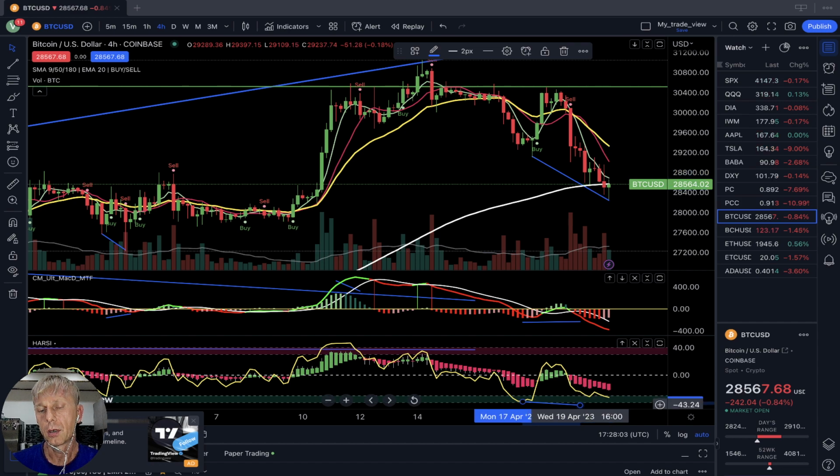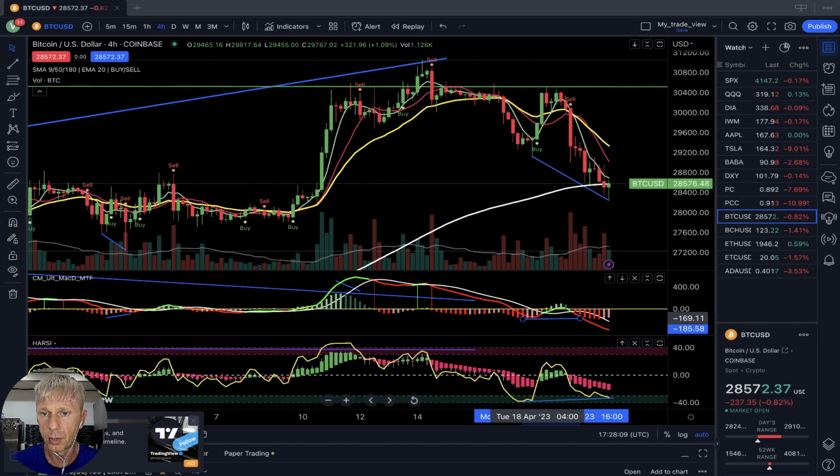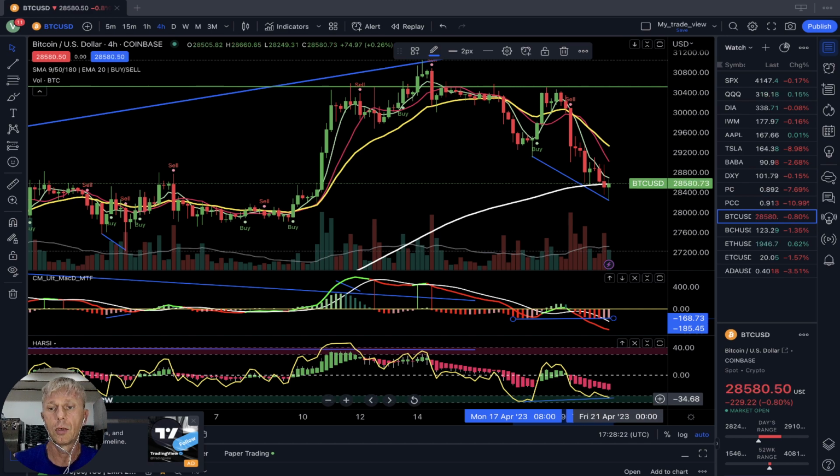Not on MACD, no divergences, the histogram is flat. But on RSI, it has bullish divergences already. Bearish trend on the 4 hours time frame.